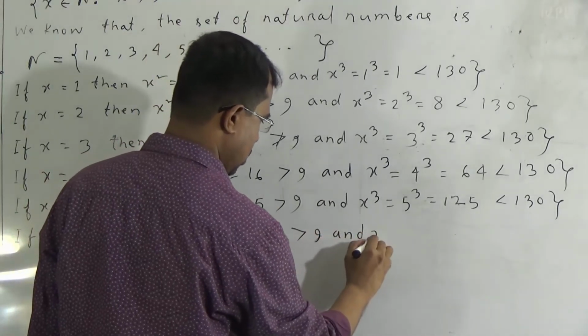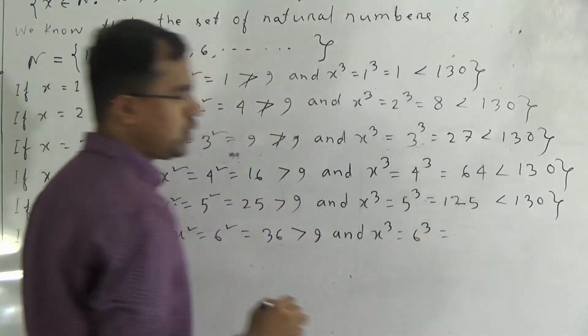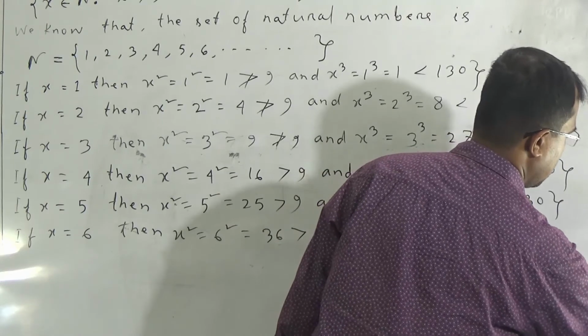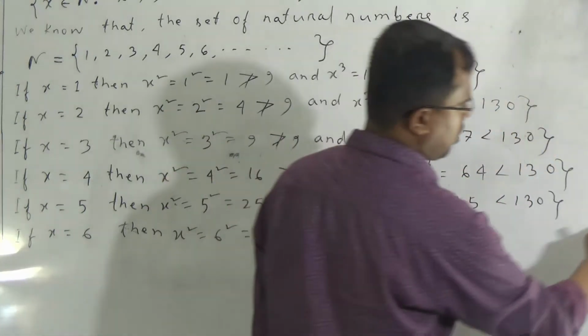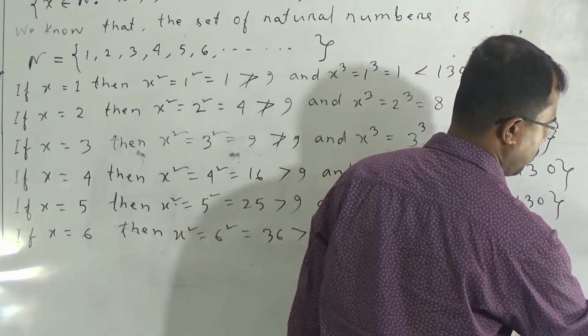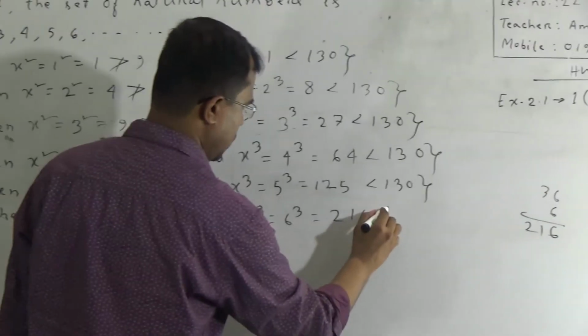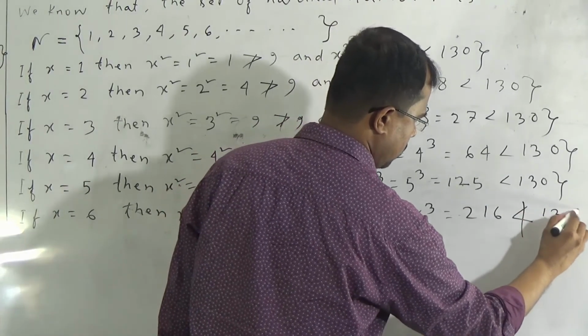And x cubed is equal to 6 cubed. 6 6s are 36. From 36 we will write 6 carrying 3. 6 3s are 18, 18 plus 3 equals 21. So 216, which is not less than 130.